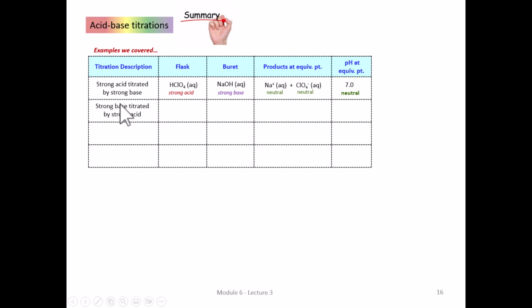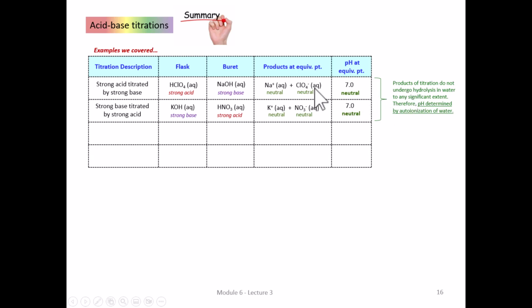If we had a strong base in the flask and a strong acid in the burette, and in our case, we had, for this example, potassium hydroxide in the flask and nitric acid in the burette, the products there at the equivalence point were potassium ion and nitrate ion, both neutral, so we expect a pH of 7.